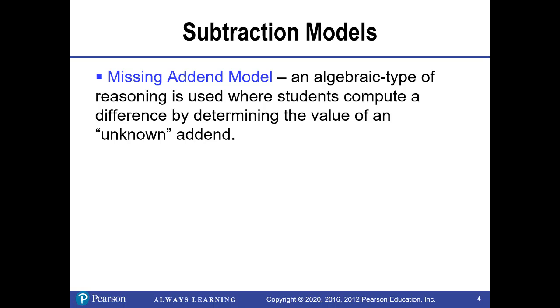Or 2 plus what number is 7? Those are algebraic thinking. We usually use a box in elementary school rather than an X, but it's the same thing. Students that have repeated meaningful exposure to algebraic thinking in elementary school and middle school will do better when it comes time to take pre-algebra and algebra 1 and beyond.